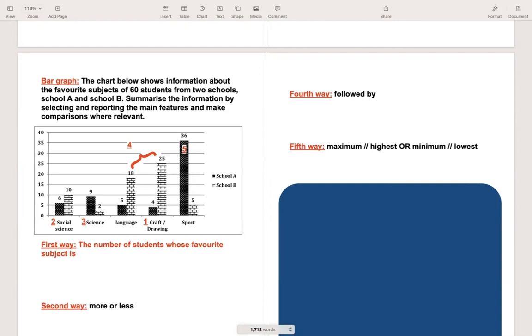Craft and drawing, 25. You're missing something. In school, in school B. At 25.